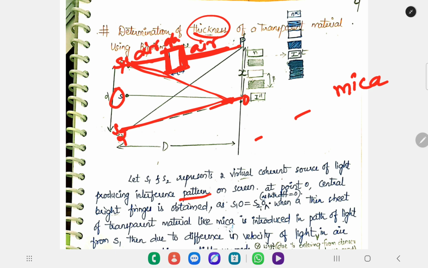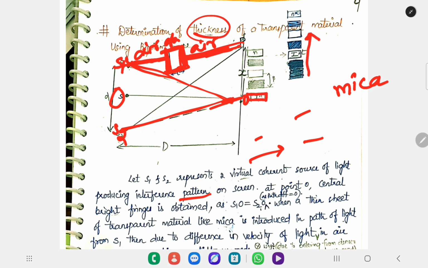That means the medium is changing and the velocity of light is also changing. Because of these two reasons, there will be a shift of fringes. The shift will be upwards.